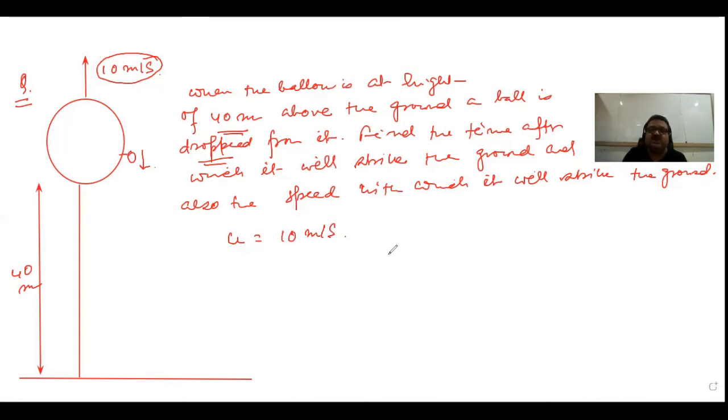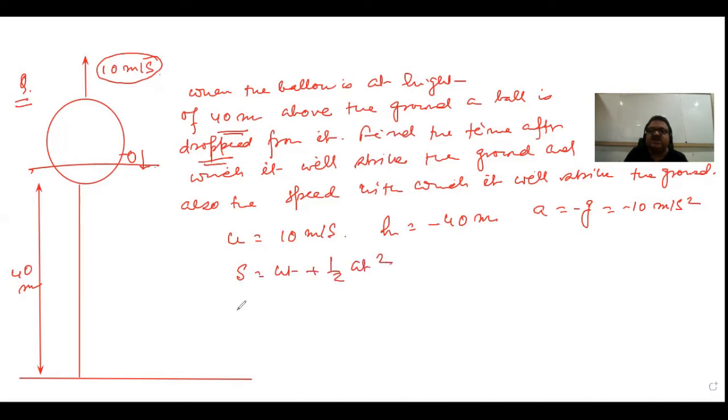Okay, very good. Now, look, this is the level of throw, below which it is going. So here I have to consider h equal to minus 40 meters. And a is obviously minus g, that is minus 10 meters per second square. So which formula do I have to use here? s equal to ut plus half at square. What is s?